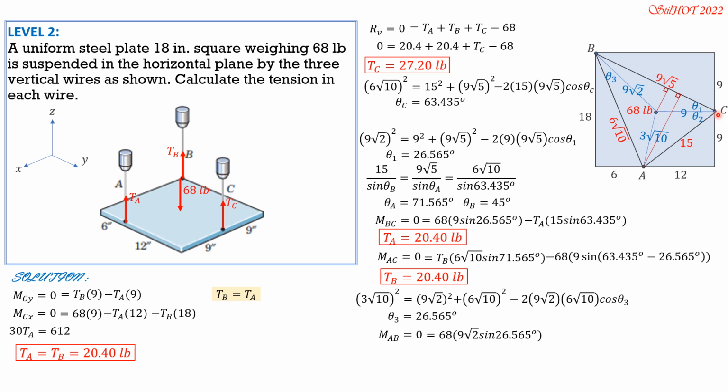Then minus tension C times the perpendicular distance to AB, which is 15 sine of theta A, and theta A is 71.565 degrees. If you do not want 15 sine of theta A, that perpendicular distance is also 9√5 sine of theta B.